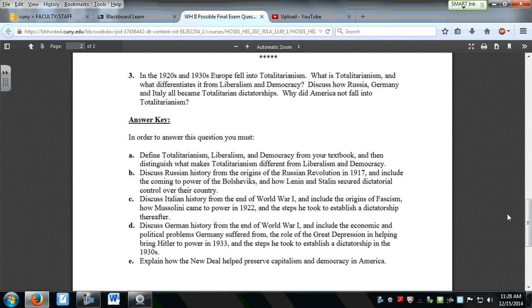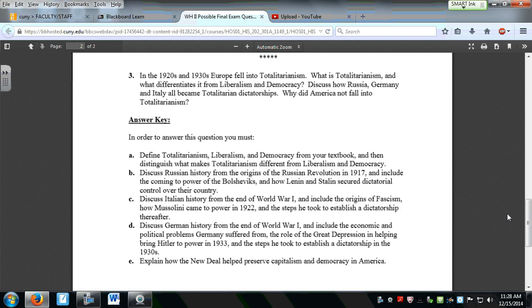Now, how do you answer question 3? So under the answer key, part A, define totalitarianism, liberalism, and democracy from your textbook. Meaning, don't go onto Google and give me a generic definition.